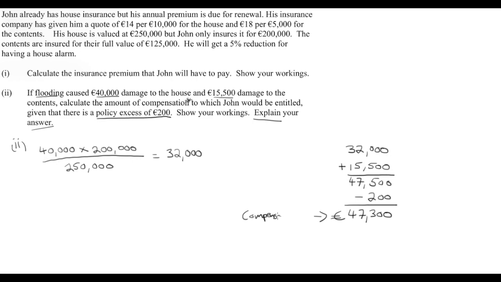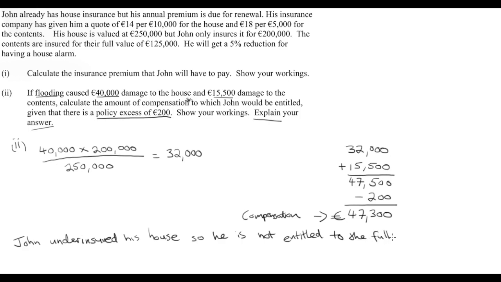But we also have to explain why he's not getting the full amount. So we can just write: John underinsured his house, so he is not entitled to the full amount of compensation for the damage to his house.